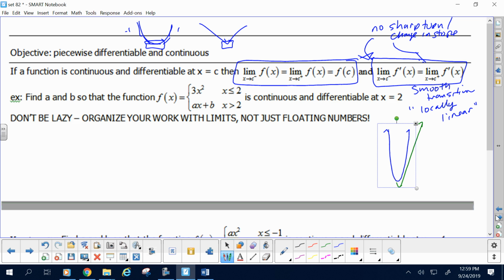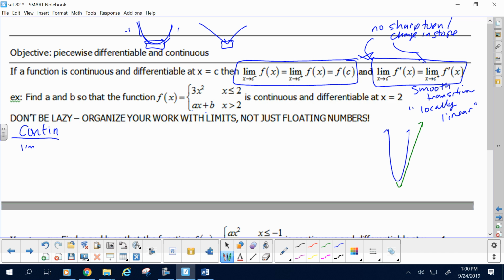That would have to be a pretty special a and b. The question is to make it continuous and differentiable at the point. We're going to start with continuity. I do not want you to just throw around work. I don't want 3x squared equals, I want good calculus with limits.